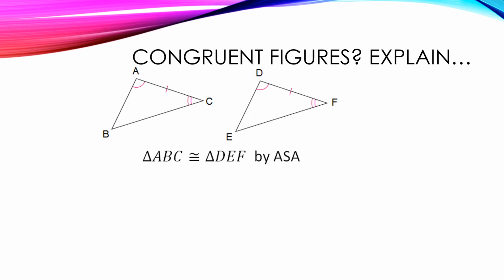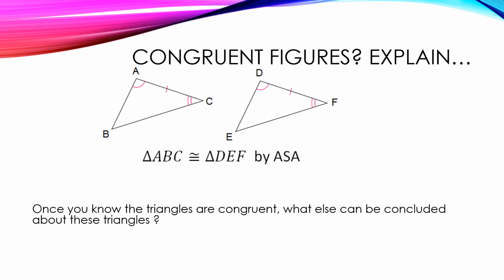Once we know that the two triangles are congruent, which we just proved by using angle, side, angle, we can say that the other pieces that are not marked are congruent. So angle B is congruent to angle E, line segment AB is congruent to line segment DE, and line segment BC is congruent to line segment EF.